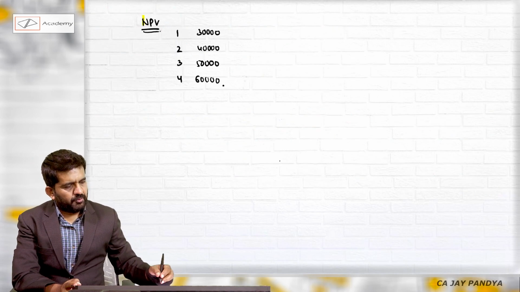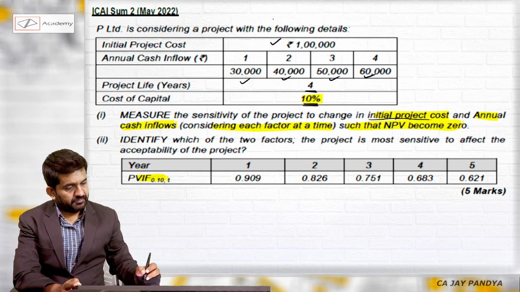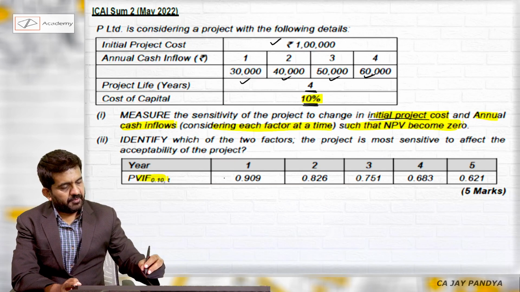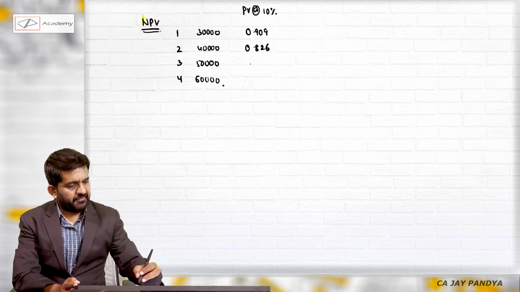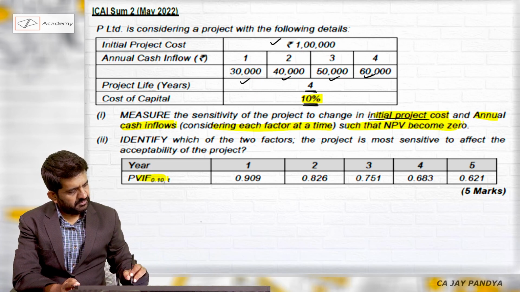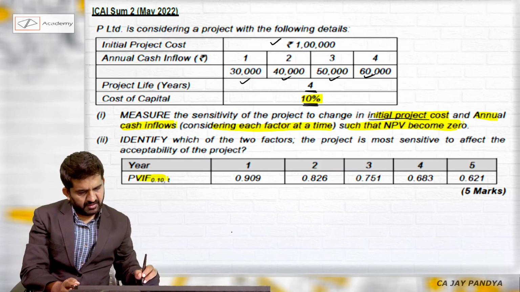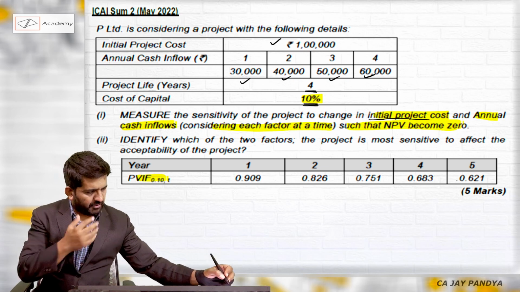I need to find out present value at the rate of 10%. 0.909, 0.826, 0.751, 0.683. Why 5 years is given? Okay, that is just given for confusion.